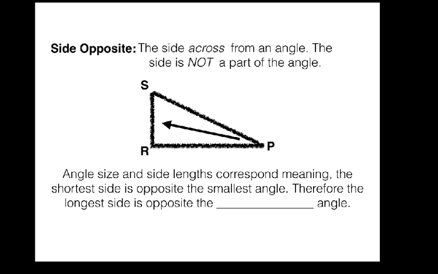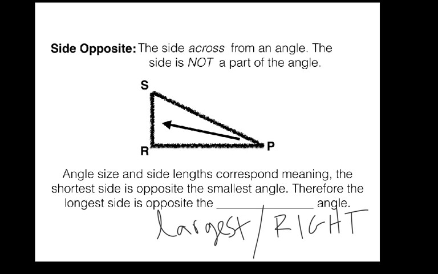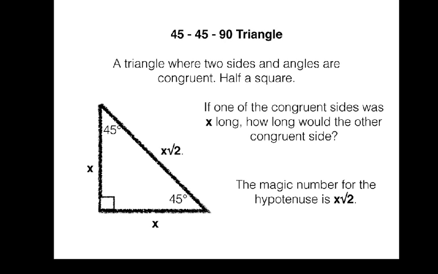So that means that the longest side, the hypotenuse usually, is across from the, I'm going to write it down here, largest angle. And in the case of the right triangles we're using, it always means that it's the right angle. So we've got two different special right triangles.